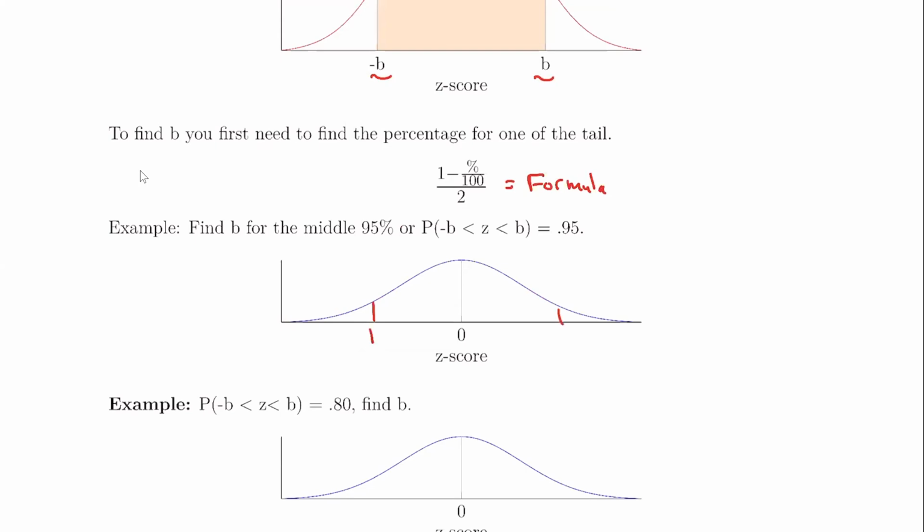This is negative B, this is positive B. If that's the middle, you want the middle percentage to be 95%. So we have 95% there. All right. Everybody good? Why I placed the 0.95 in the middle?